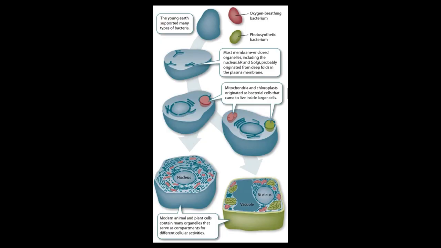Now, a very natural question is, how did organelles come to be? Well, some bacteria figured out ways to create energy. There were aerobic bacteria. They were able to use oxygen to create energy. And there were cyanobacteria, which are photosynthetic. They were able to use sunlight to create energy. And the thought is that there was a third type of bacteria, and these ate the others to get their energy.